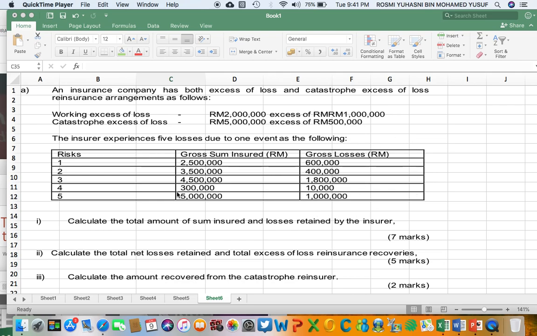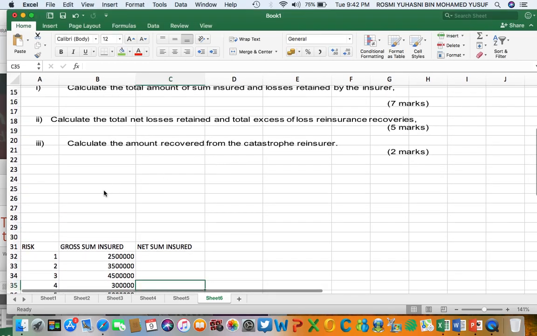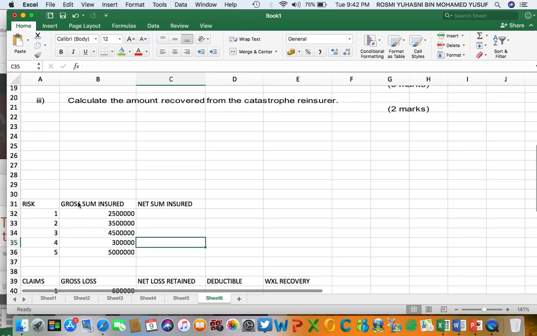First of all, you have to determine how much is the net risk retained by the insurer from all these 5. So we know, for example, number one, the gross sum insured is 2.5, but is it 100% retained by the insurer? Because you have to first convert the gross sum insured to net sum insured.